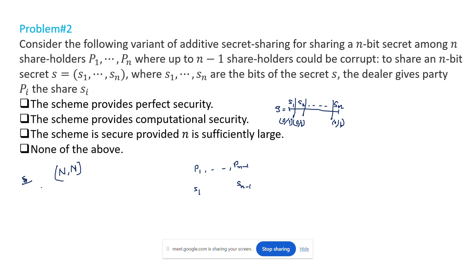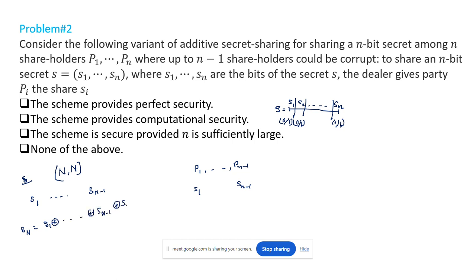We first generate n-1 random values, we pick random secret values s1 to sn-1, and then the dealer picks up a random secret, and the snth secret is generated by doing an XOR of s1 to sn-1 and the secret s.